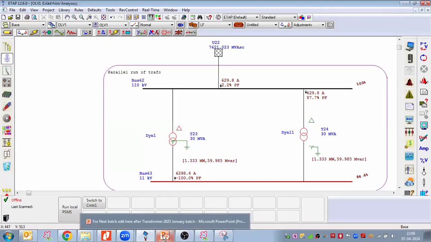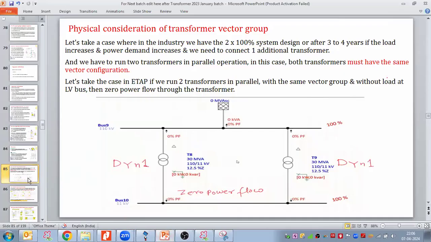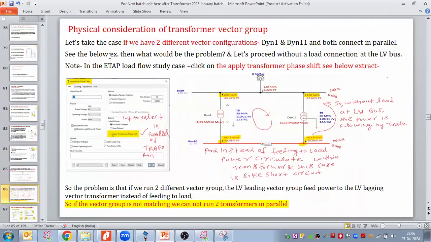So due to this reason, we say that whenever two transformers run in parallel, both transformers must have identical vector connections or vector configurations.